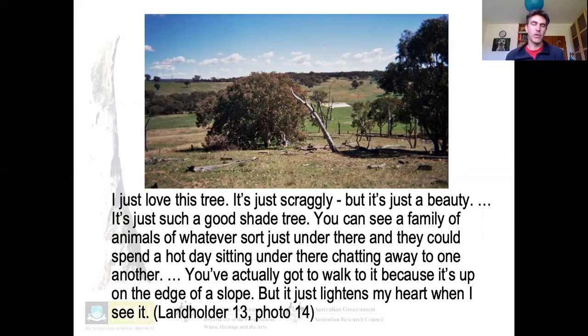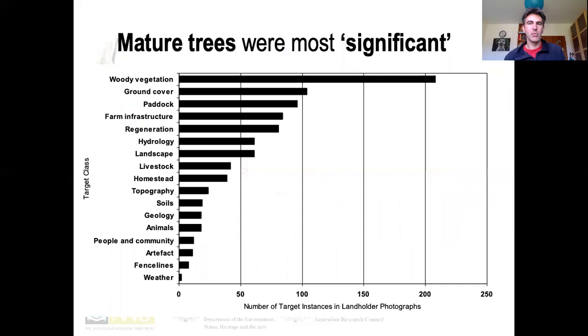So these are not very sensitive new age guy type people, these Australian farmers. But when talking about their favorite trees, sometimes they got quite emotional. Many of the things that people took photos of were about woody vegetation, and many farmers were somewhat attached to trees.